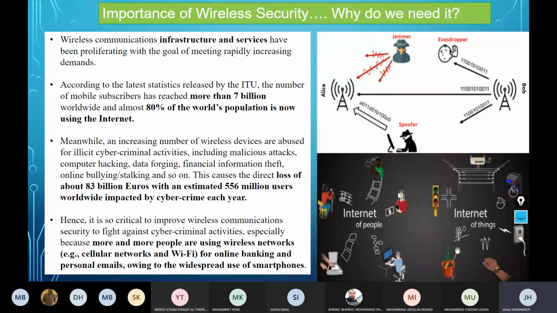I was drawing things here, but it looks like it doesn't work. Sir, we can only listen to you. We can't see anything on screen. Oh, you cannot see the slides? No, sir. I can see the slide on the importance of wireless security, but the one you're talking about, I cannot see.